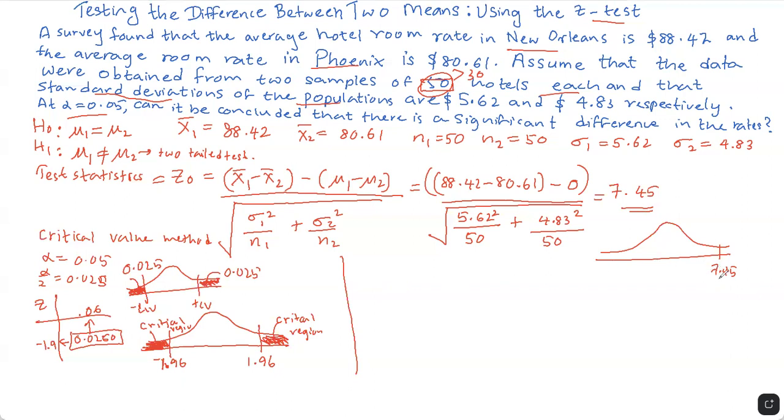So 7.45 is very large. The probability z less than 7.45 is not available in the normal z table.